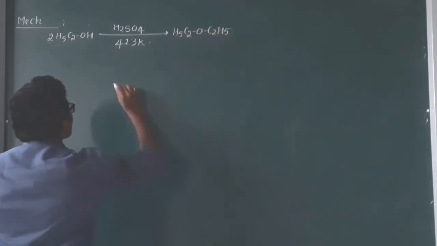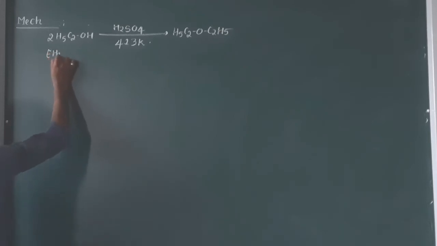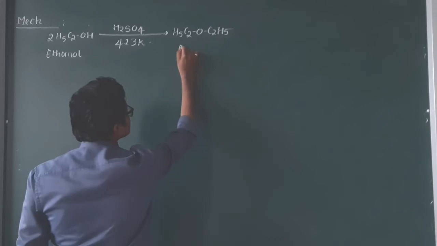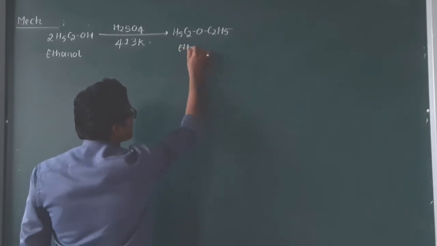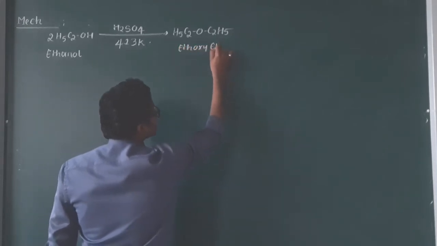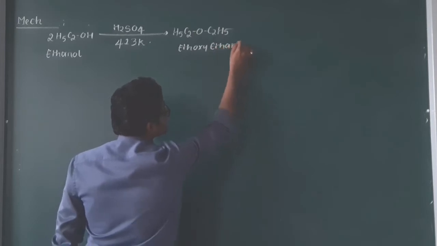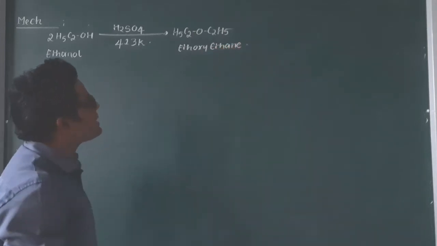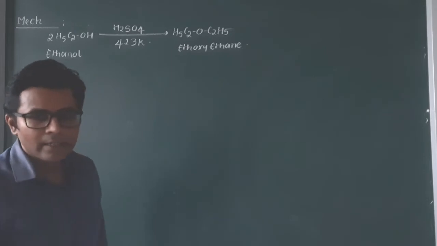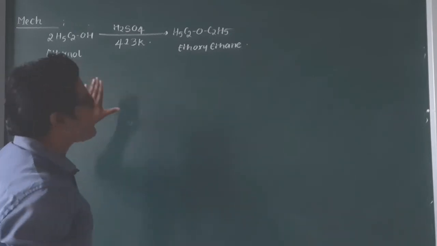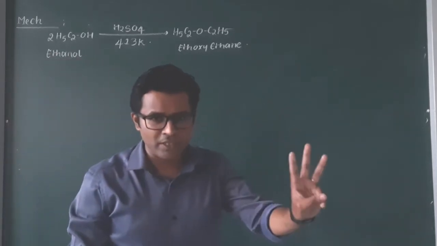Right? So, what we have here is ethanol, and what it has given us is ethoxyethane. We can either call it ethoxyethane, or we can call it diethyl ether. This particular mechanism is going to contain 3 major steps.